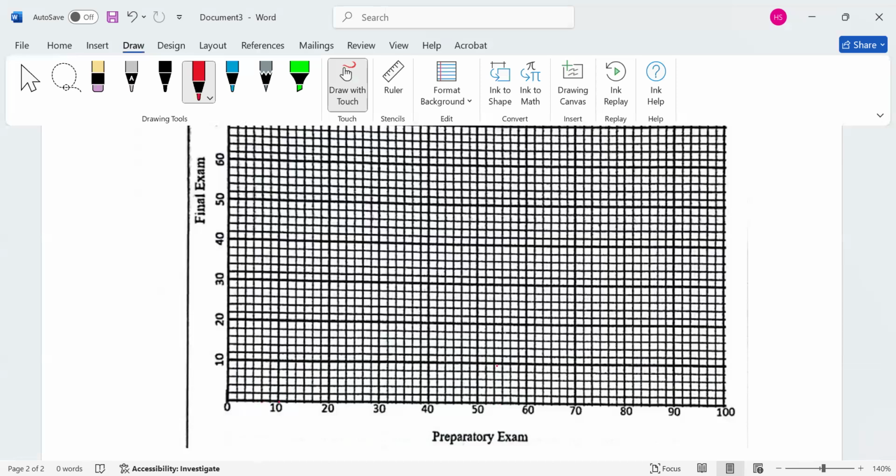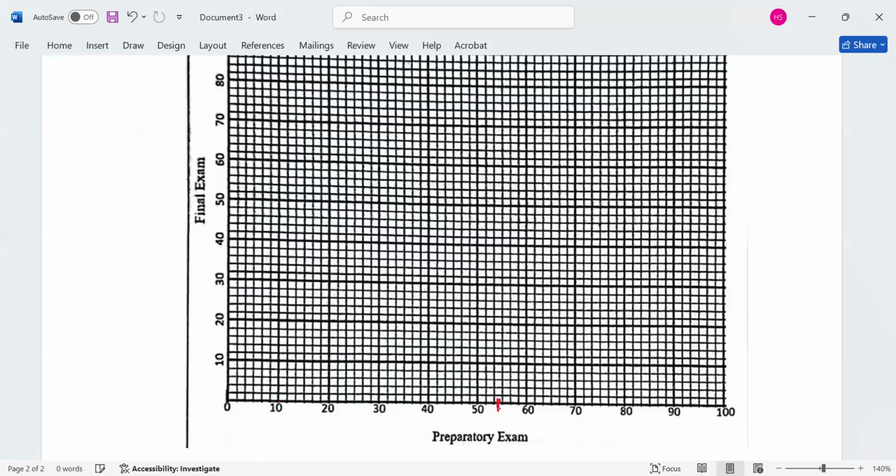If I go up straight from 55, it's in between, and we're looking for 57, so it's 2, 4, 6. So it's here. And then we have 35 and 50.